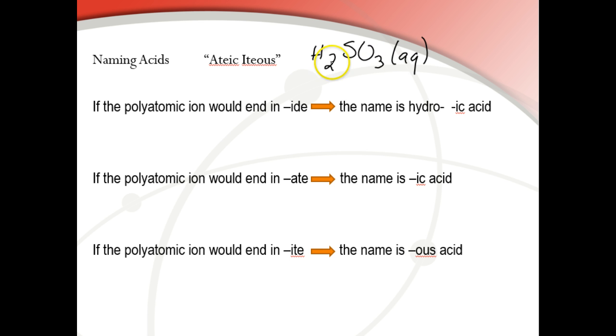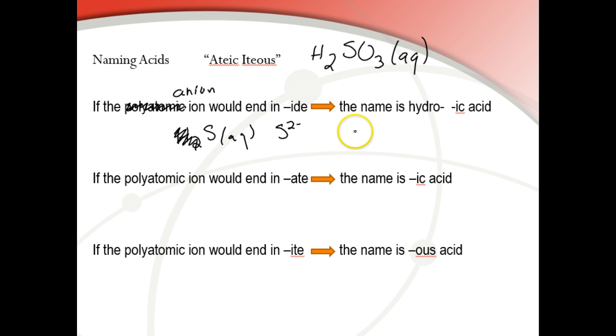The rules here: if the anion would end in IDE, something like sulfide, we'll do an example of that, H2S. We lop off the hydrogens and we're left with S2 minus, which is sulfide. So the name of the acid starts with hydro and ends in IC.